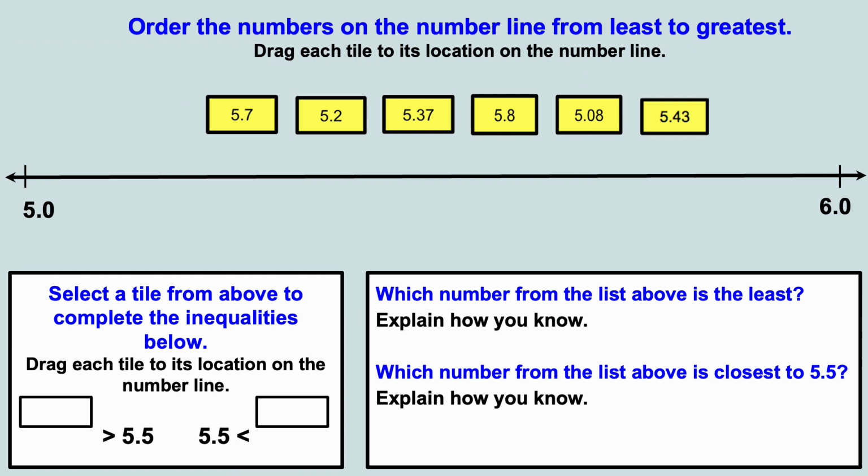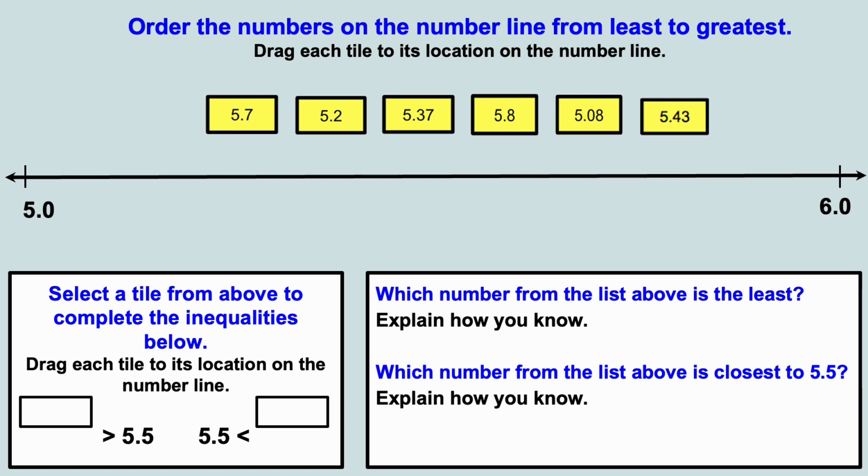Students, even on this slide, will be able to drag the different decimal tiles into the respective location on the number line. Students also will select a tile from above and be able to complete the inequalities below. They will be able to tell which tile is greater than a specific decimal given, or given a specific decimal number, which tile is less or greater.